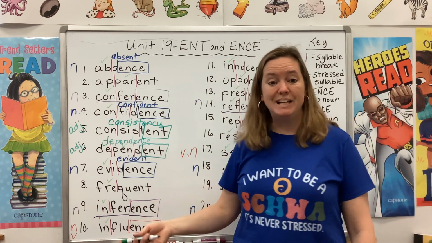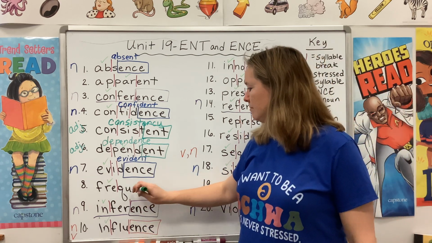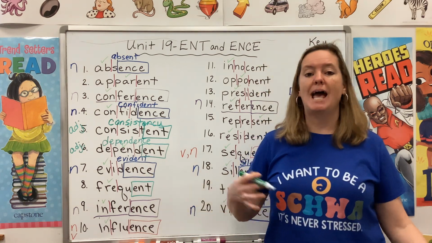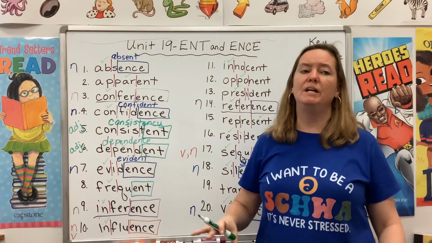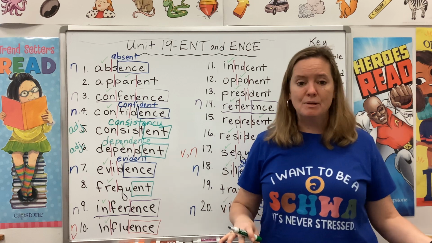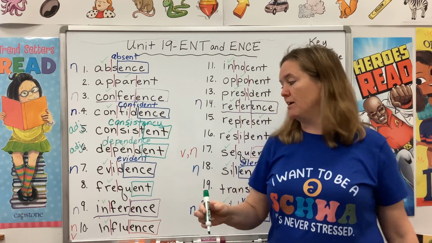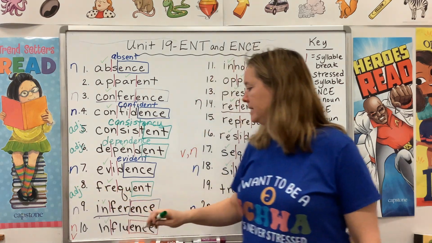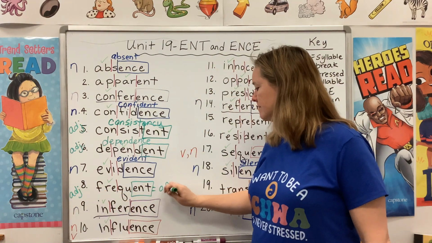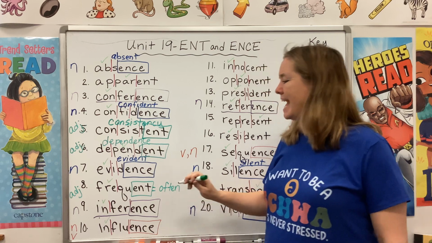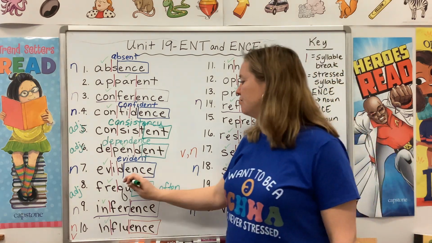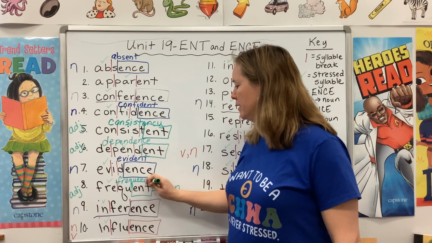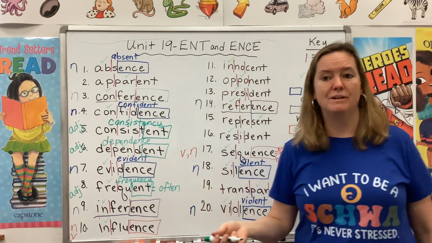Let's look at frequent. Here's our ENT ending, right? If something happens, if you are a frequent shopper at the mall, it means you go there often. So frequent means often. And the noun form of that is frequency. So I stop at the mall with frequency, like pretty often.